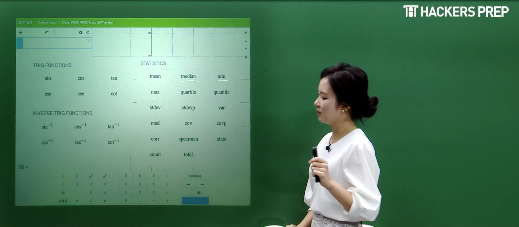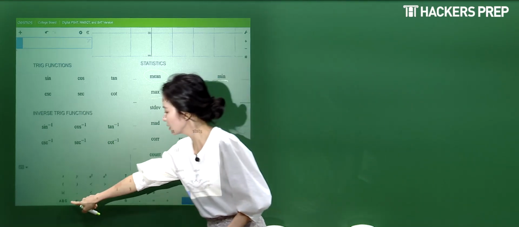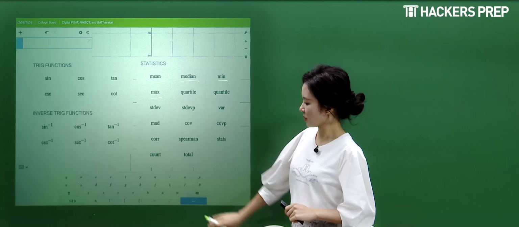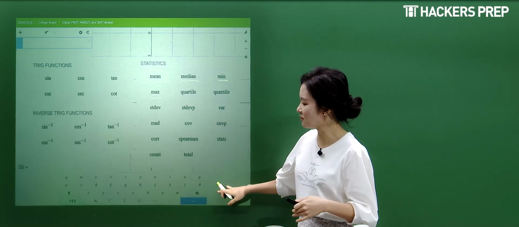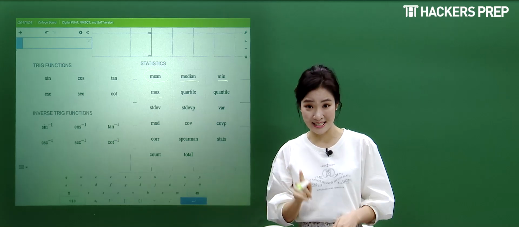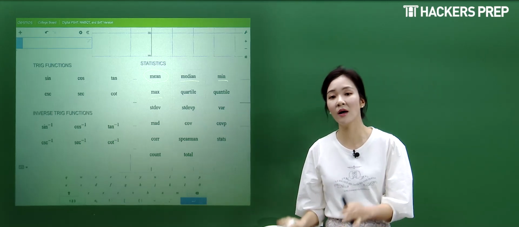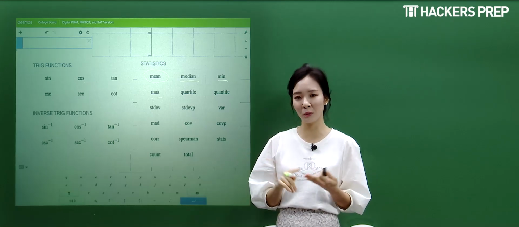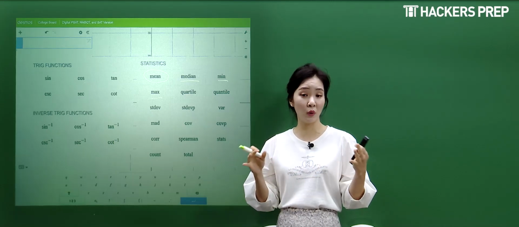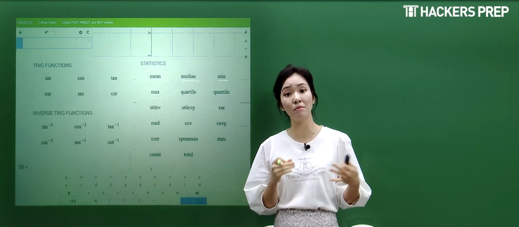Now, before we move on, if you also click this letter ABC button, it'll take you to the next keyboard, which gives you all of these variables or letters in italics. Remember, we talked about in the previous lecture how in algebra and advanced math, as well as word problem sections, there will be questions or equations and functions in multivariable.